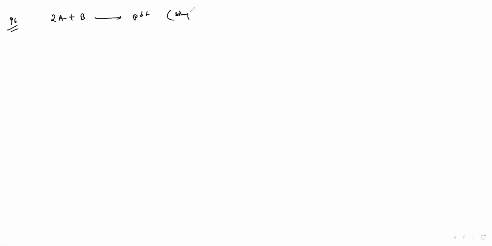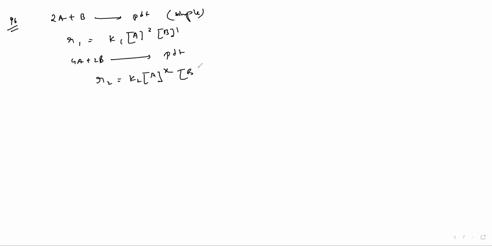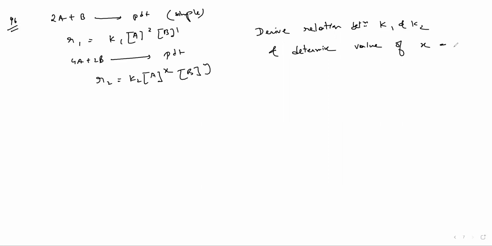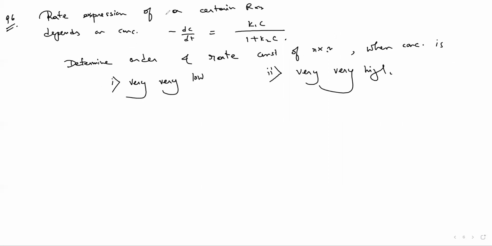A simple reaction is given, with R1 equals K1 A squared. And 4A plus 2B changes to product, with R2 equals K2 A to the power X, B to the power Y. Derive the relation between K1 and K2 and determine the values of X and Y. Now solve it, I'm giving you again 5 minutes.